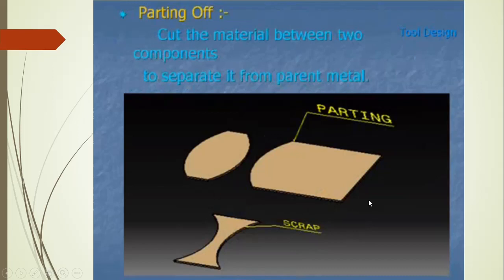Suppose this is your whole sheet metal, and from it you have to take a particular component or piece of metal out. Whatever material is removed from the parent metal is considered scrap, and by applying the cut between those two pieces, that operation we call parting off. That is, parting off is cutting the material between two components, component number 1 and component number 2, to separate them from the parent material. Whatever material is cut from between these two components is considered parting off.